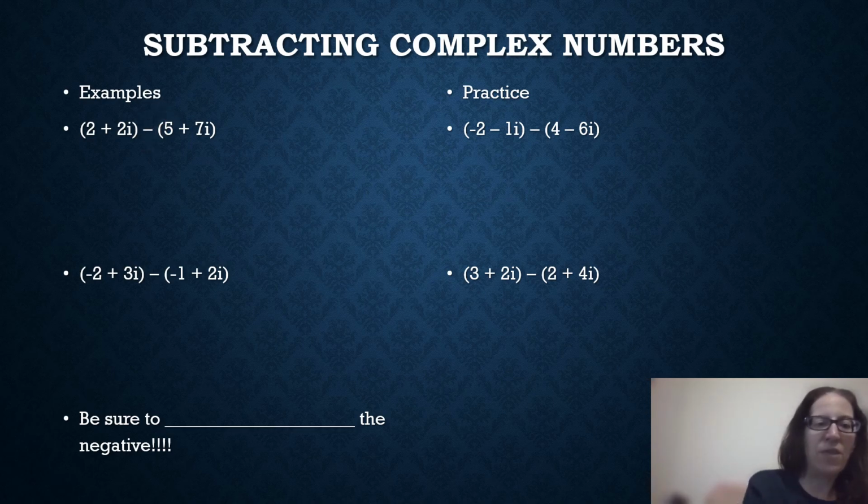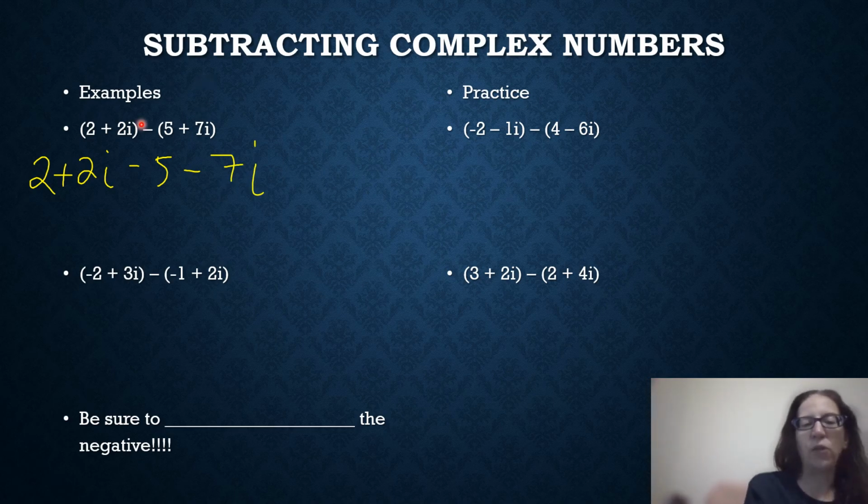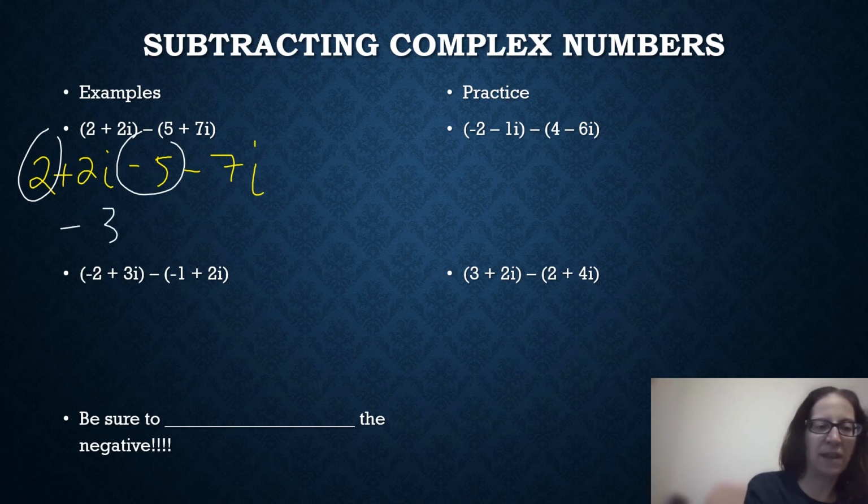So in this kind of problem, when you remove the parentheses, you need to remember that the parentheses were telling you to subtract the group, meaning you are subtracting the 5 and you are also subtracting the 7i. Then it's just like an addition problem. So 2 minus 5 is negative 3. And 2i minus 7i is negative 5i.